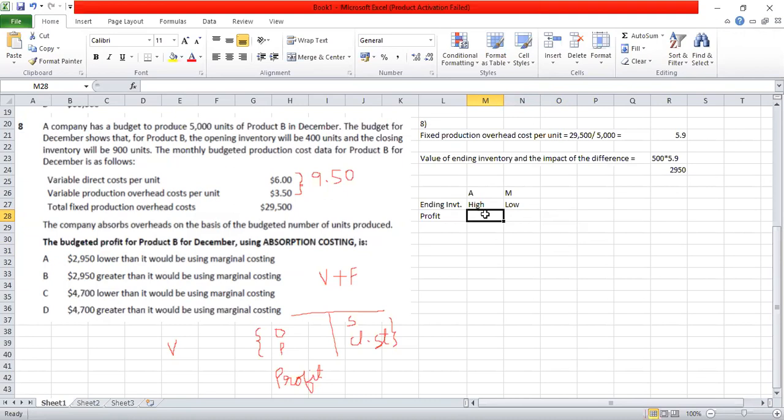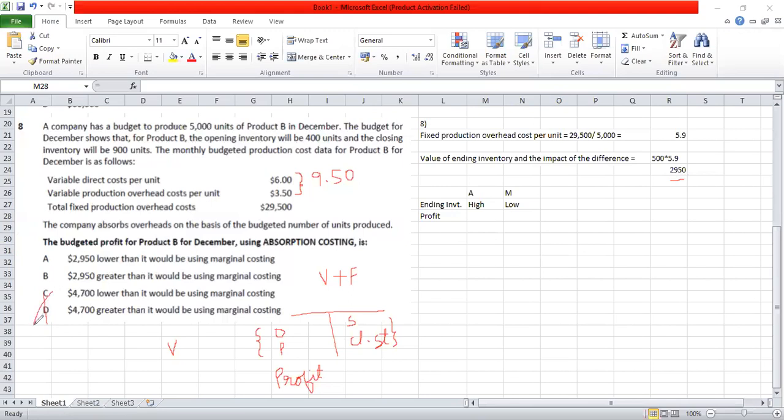So you tell me, what will be the profit under absorption costing? Anyone? Out of these four options, because 2950 is the value, C and D are ruled out. We are left with A and B only. Between A and B, which one is the correct answer?